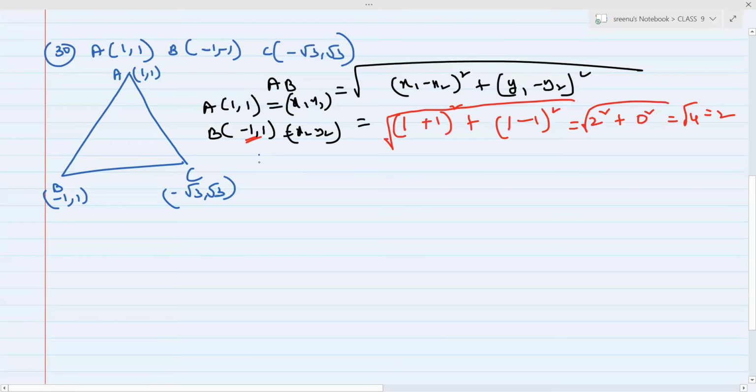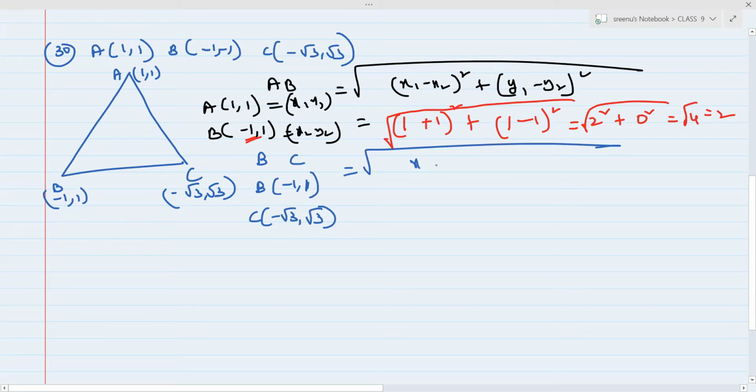Now I will do BC. B is (-1, 1) and C is (-√3, √3). Same formula, with small letters x1, y1 and x2, y2.